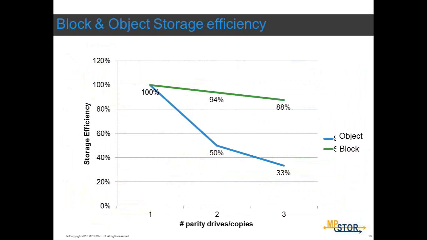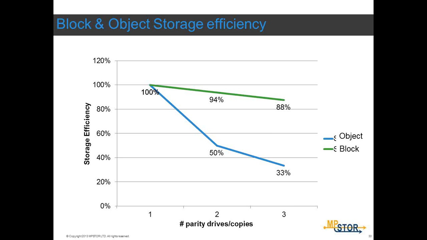if we look at another aspect of block versus object storage, the efficiencies that you achieve with block and object storage are again quite different. Because object storage requires multiple copies, the efficiencies can drop quite considerably depending on the number of copies you want to keep.